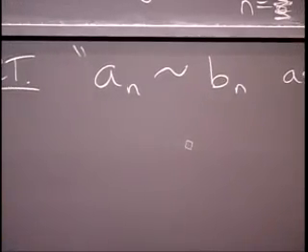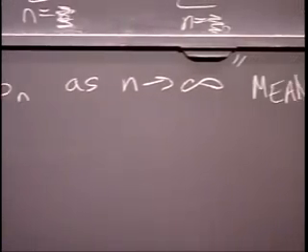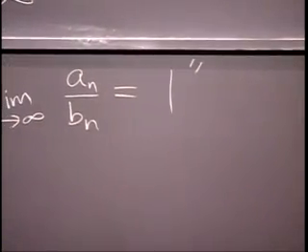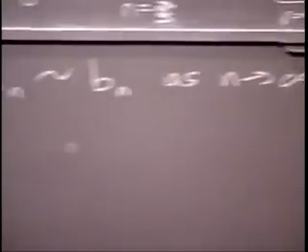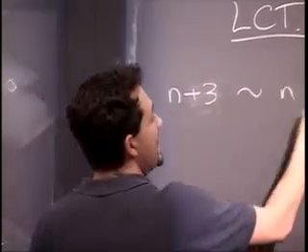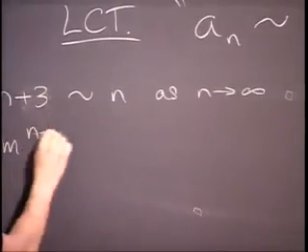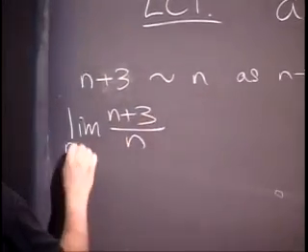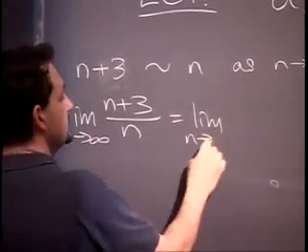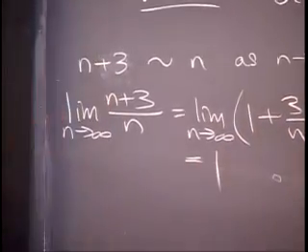Okay, again, how do you know what this is? Well, we did a whole lot of relationships like that involving polynomials and involving some trig functions, all that sort of stuff. So as a simple example, we know that n plus 3 is asymptotic to n as n goes to infinity, because the limit of the ratio (n plus 3) over n is the same as 1 plus 3 over n, so that limit is 1.